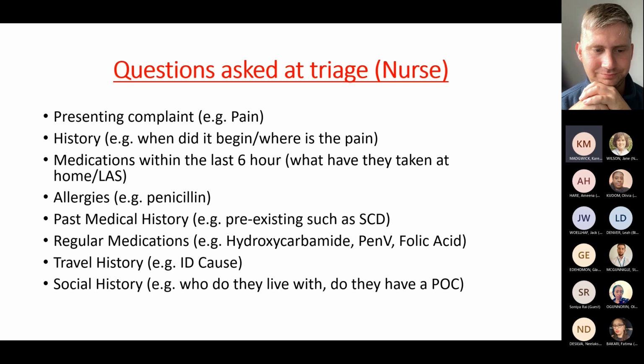If a nurse says to them, what is your past medical history, or what are your regular medications? Whereas if it was framed around transfusion, they'd probably go, oh, by the way, did you want to know I've got an antibody, or I'm on regular transfusion? That would be ideal. But that's a lot to ask of an A&E nurse without experience. I understand that. I just wanted to mention it.